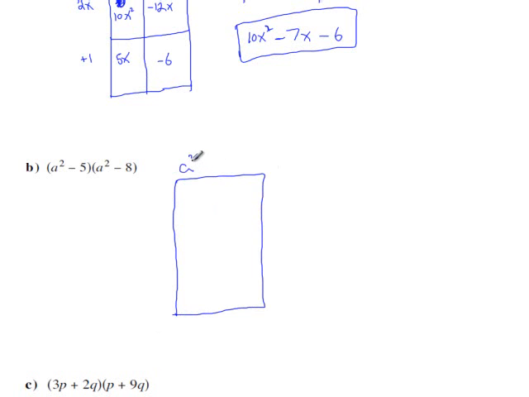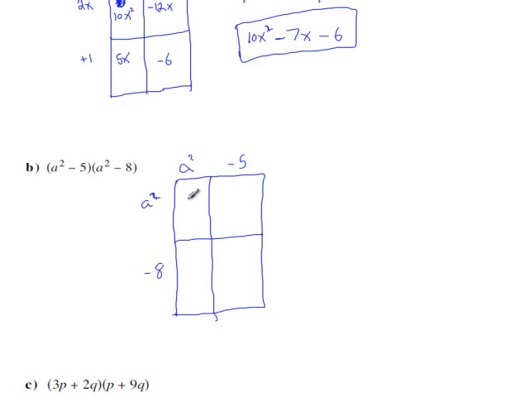Just write them a little bit separated so it's easier to draw lines between a squared and a minus 5. And then here we have an a squared and a minus 8. Draw lines between each element, so between a squared and the minus 8 there's a line, between a squared and the minus 5 there's a line. Now you've got 4 little rectangles, find the area of each rectangle, add them up.